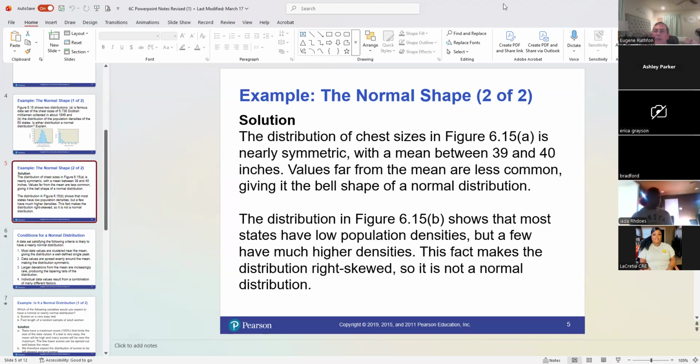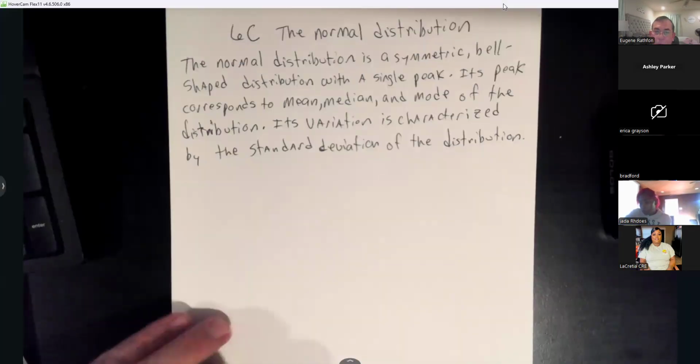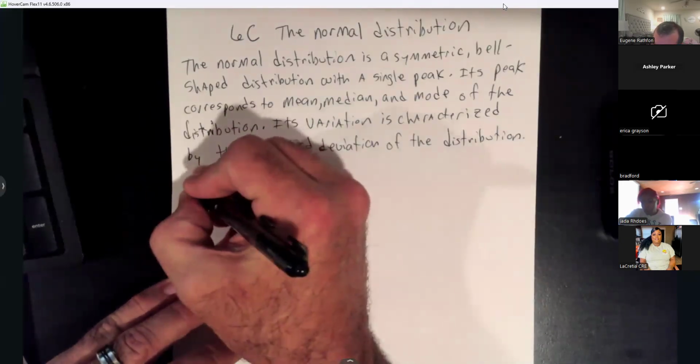All right, y'all. So back to the page, and I'm going to give you what we call conditions for a normal distribution.